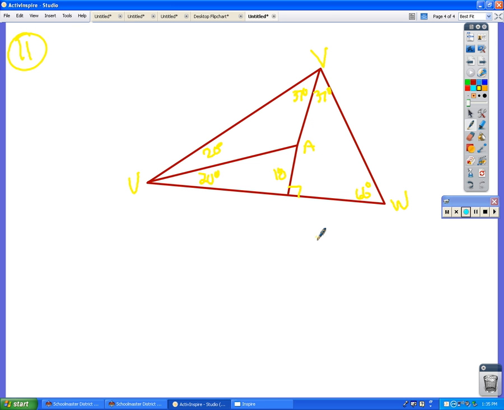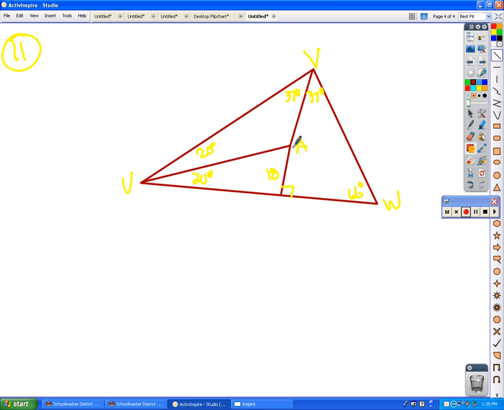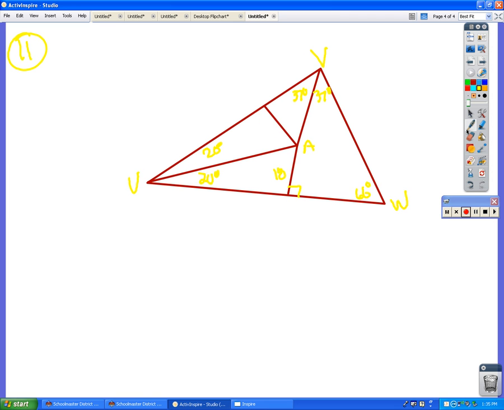It says find the distance from A to UV. So we are trying to find the distance straight across, as a right angle, from A over here to UV. Okay? Anybody have any ideas? This one that I just drew? Oh, this one? No, I don't think so.